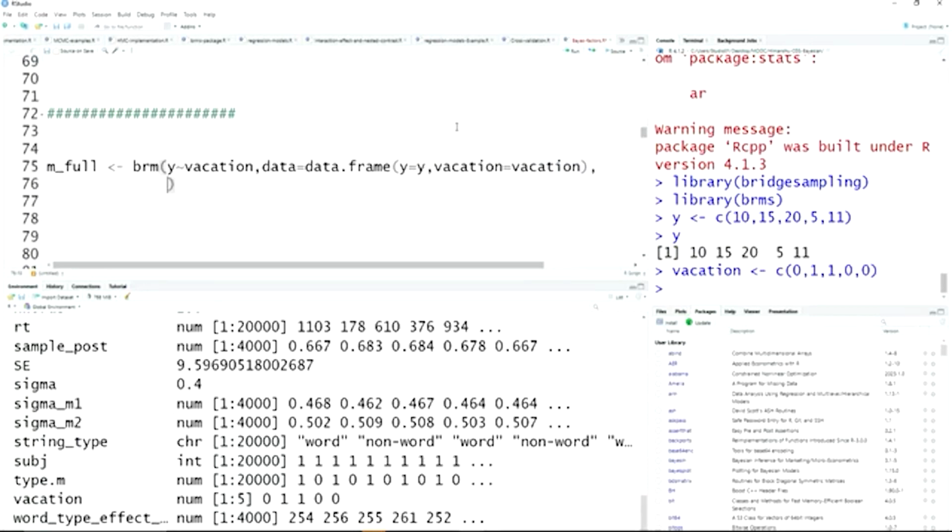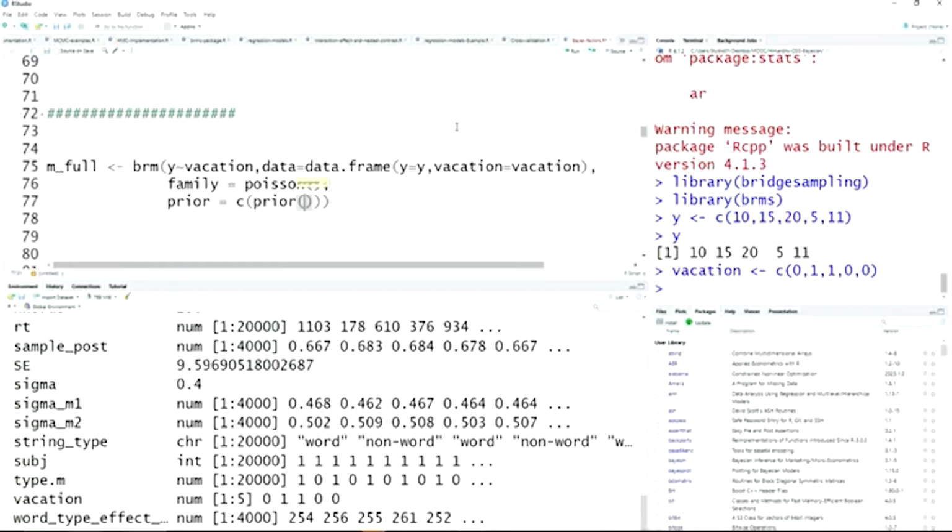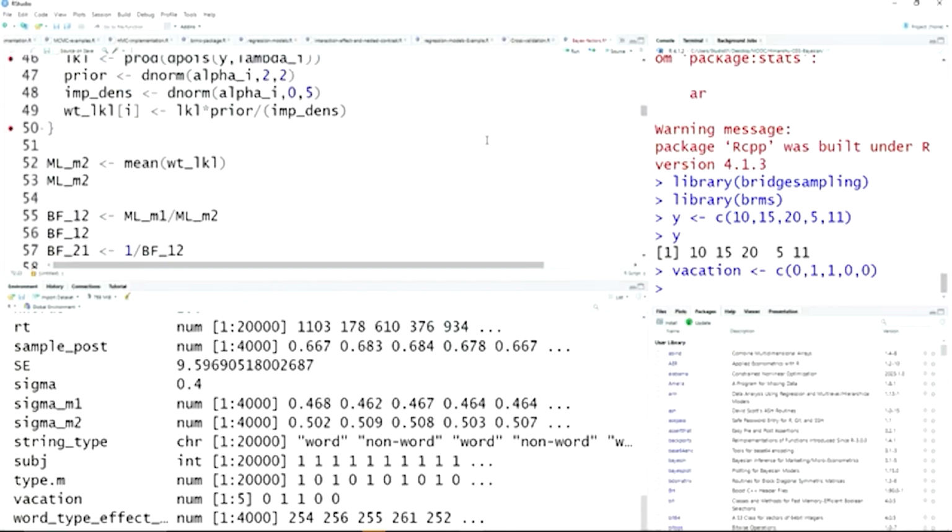Now the family should be, what is the distribution we are using? Poisson. Family Poisson, and then the priors. What priors would we be using?